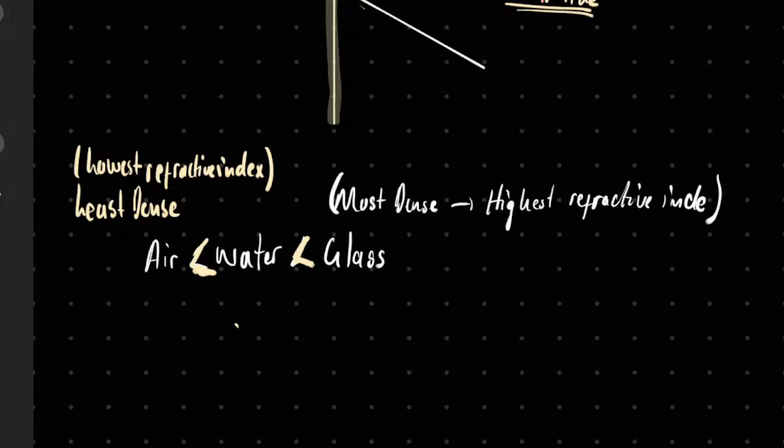Then who's the least dense, with the lowest value for N, the refractive index? It's air. But this is not the density of heaviness, it's optical density. Still, it's fine, whatever you think about.